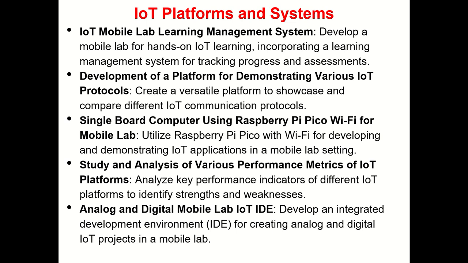We also have an analog and digital mobile lab. It's again an altogether different invention. It's not just digital, even analog. The most complicated part is that the signal's amplitude is continuously changing, and the frequency is changing.